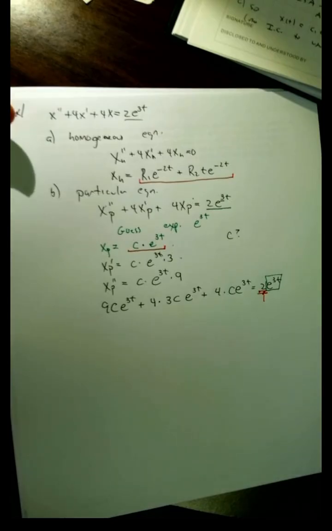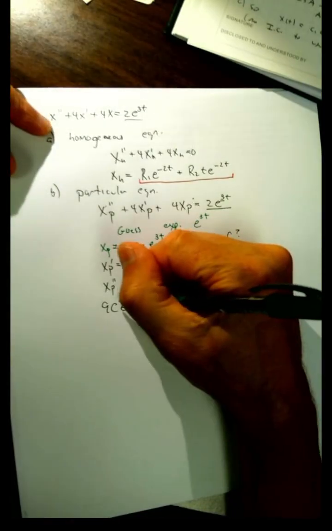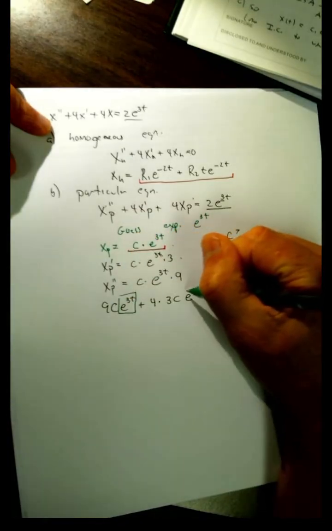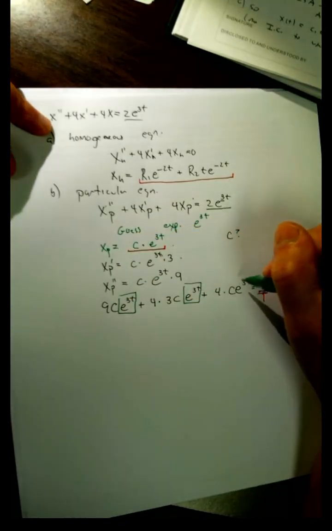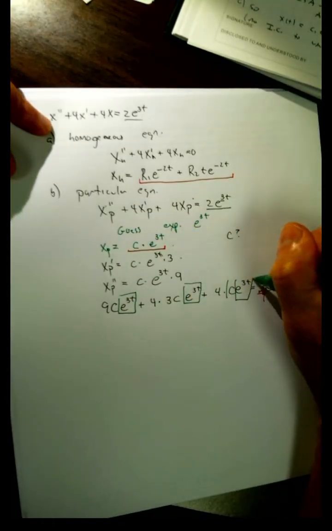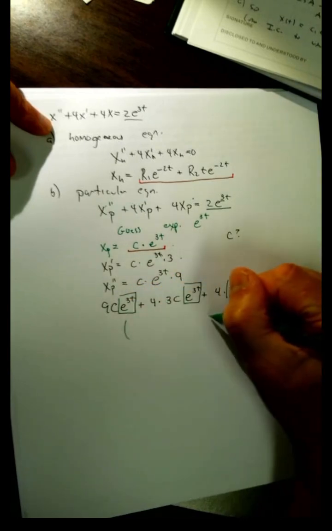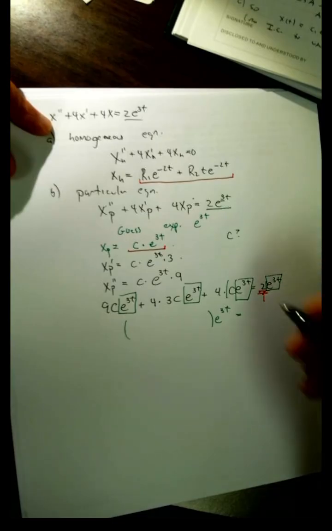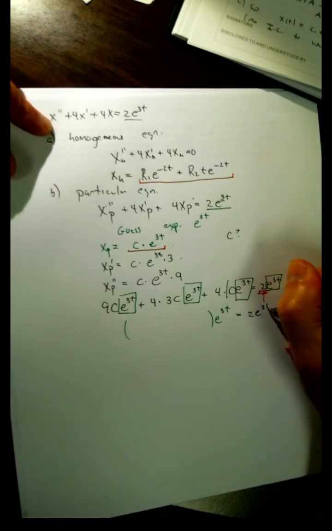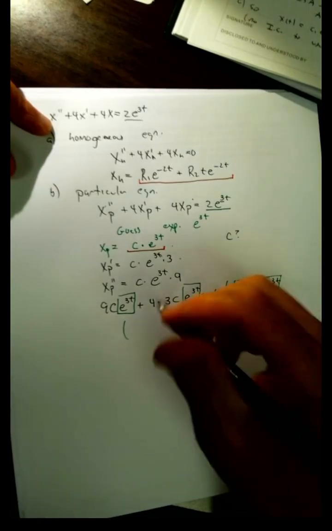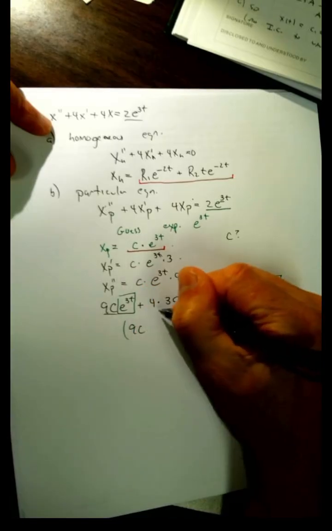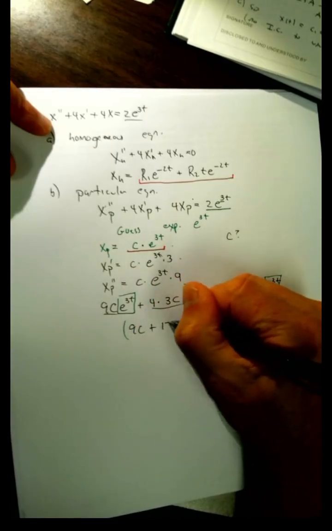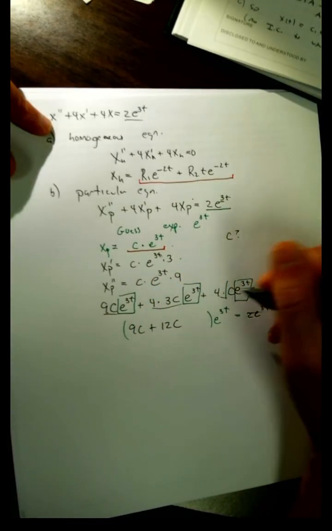So let me collect terms, and notice I have e to the 3t, e to the 3t, and e to the 3t, so I can factor out an e to the 3t. I'm going to leave the right-hand side alone. So I've got 9c, 4 times 3 is 12c, plus 4c.